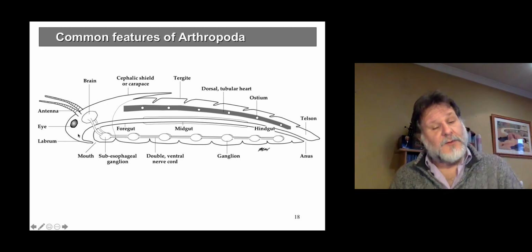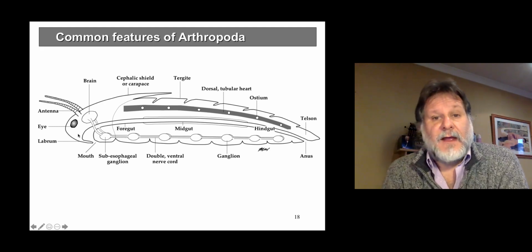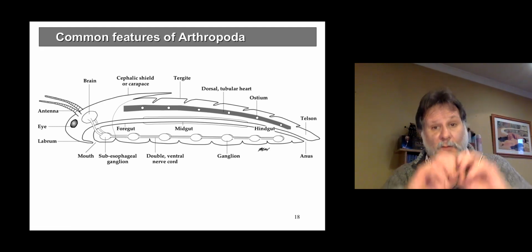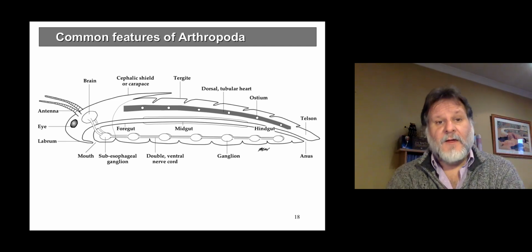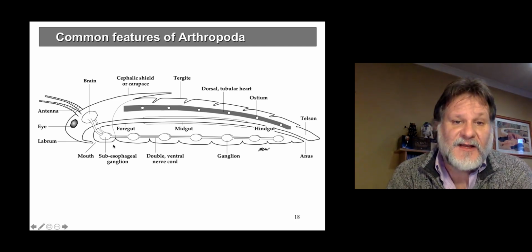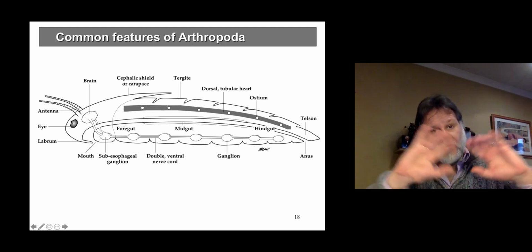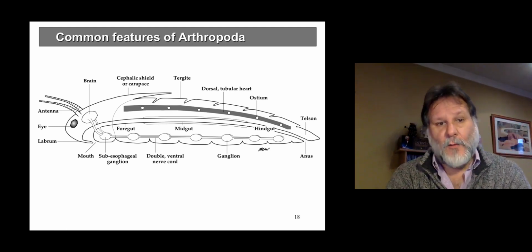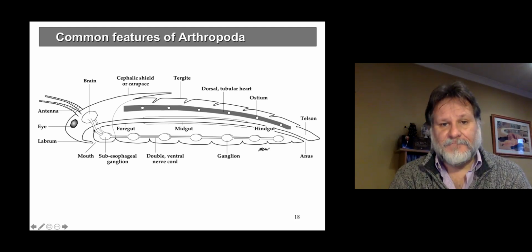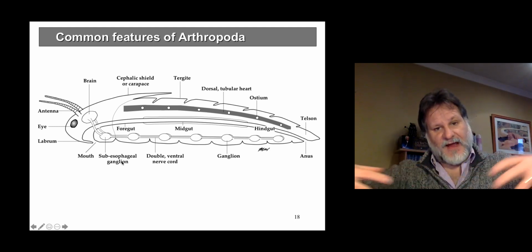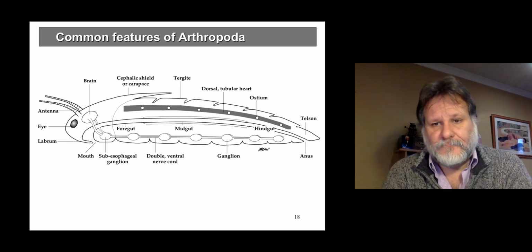And it's not a closed circulatory system as we saw in annelids, it's an open system. So blood is squirted into the coelom or the hemocoel, and the hemolymph, the blood, sloshes around effectively within this cavity. So the gut, for example, is bathed in hemolymph.